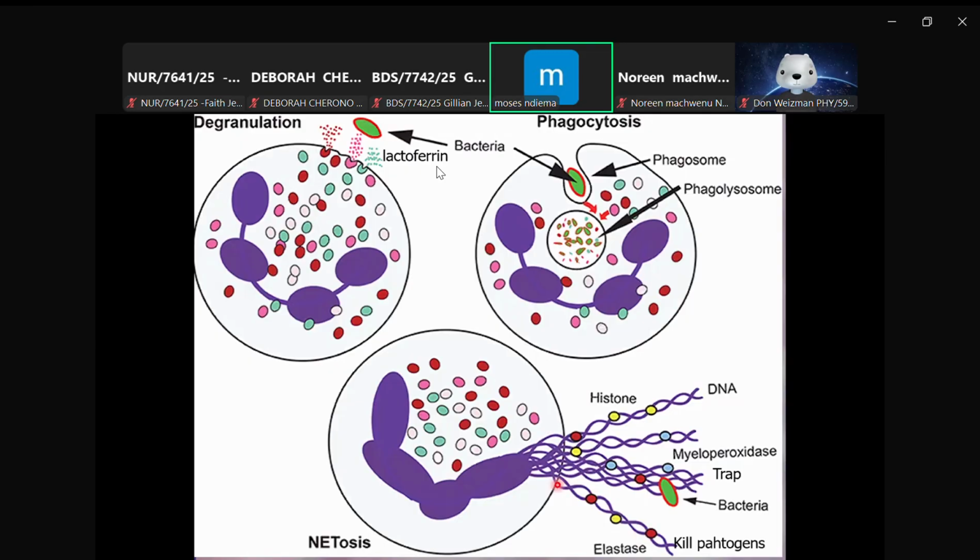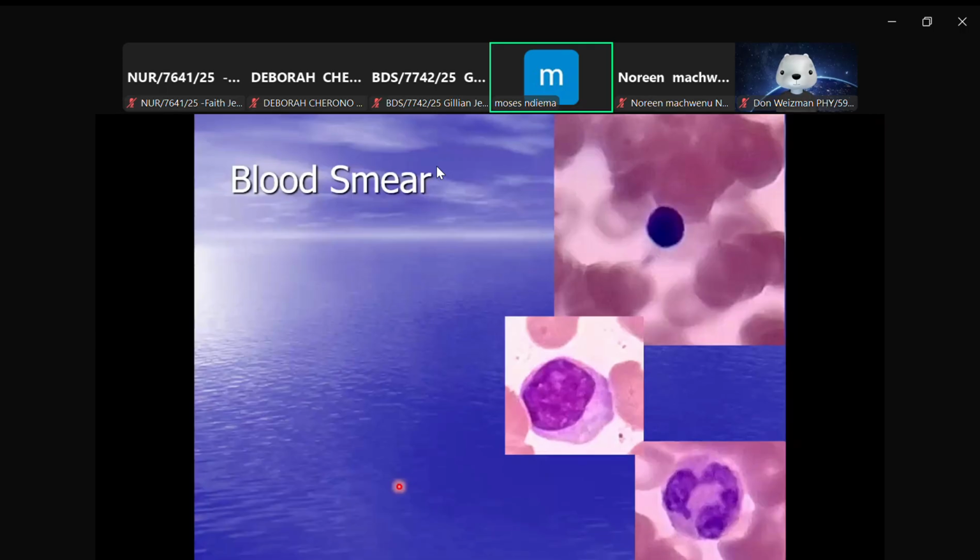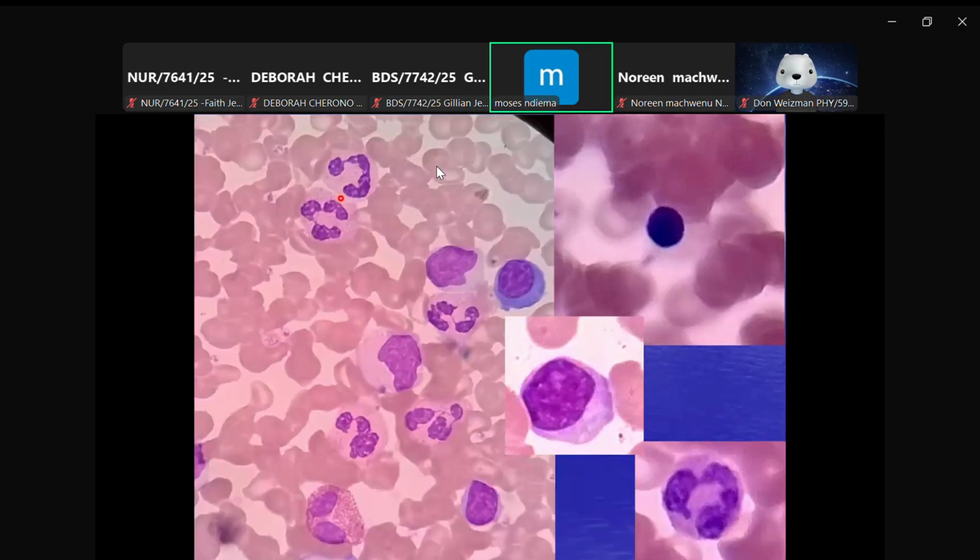Usually, there might be 2 to 4 lobes, or even up to 8. The number of lobes increases with age as the neutrophil becomes more mature. Within the cytoplasm, we have granules which are pale staining, not strong staining. We are going to compare this with those of eosinophils.